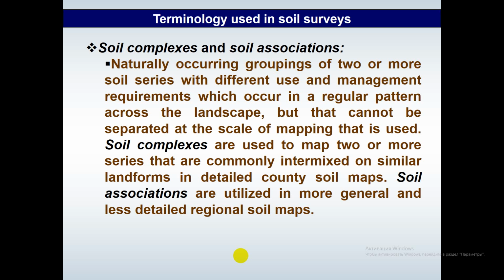Soil complexes are used to map two or more series that are commonly intermixed on similar landforms in detailed county soil maps. Soil associations are utilized in more general and less detailed regional soil maps.